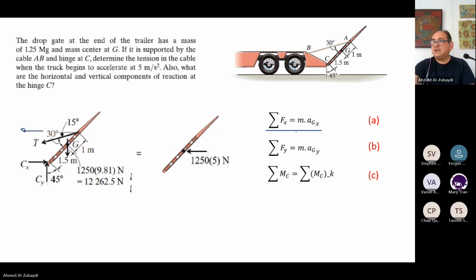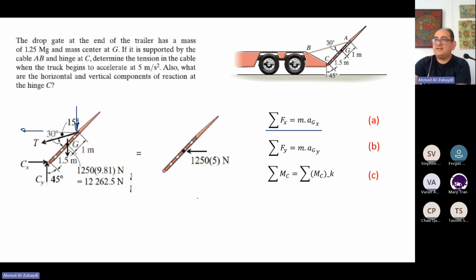On the other side is going to be 12,250. So we can find a relation between T and Cx. In the y direction, we have the vertical component of T, which is negative, and the weight is negative, and the Cy is positive. On the other side, it's equal to 0. Now we can find the value for Cx in terms of T.